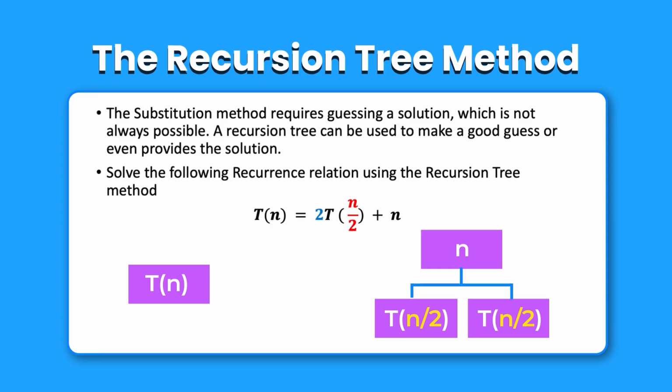So T(n by 2) and T(n by 2), these two parts are there, and we take n order time, or n is the time required to join these two. So that is what it represents. So 2T(n by 2) we are representing, and we require n to join this particular stuff.